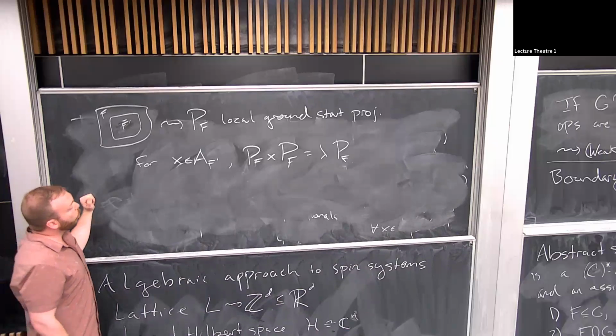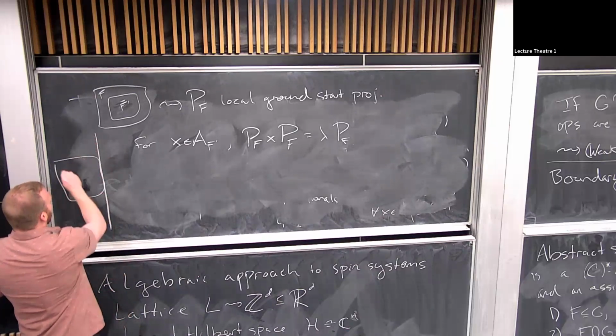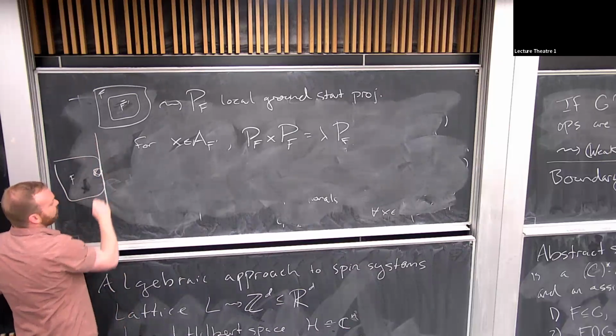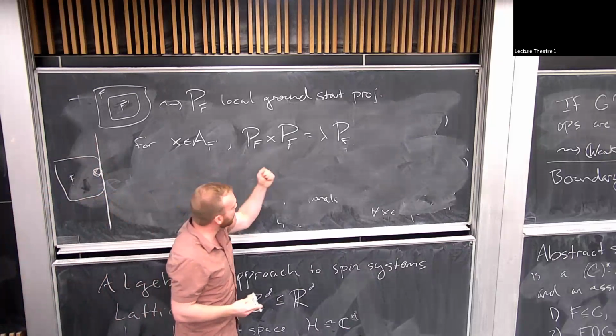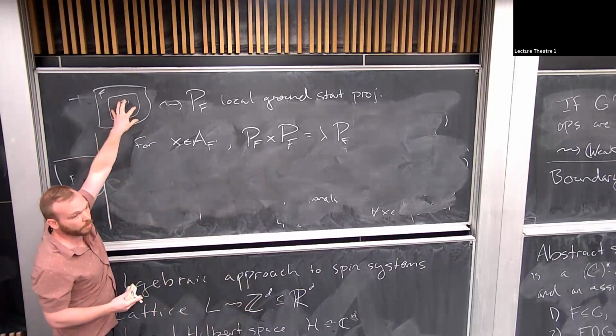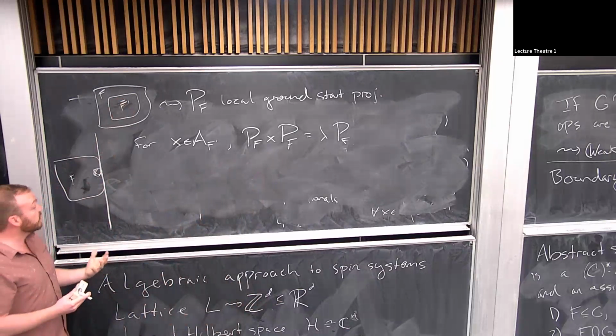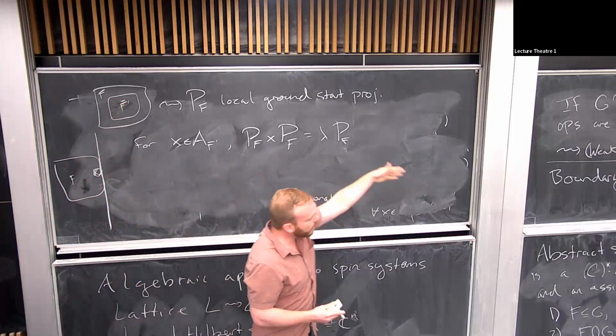Well, what if you take errors near the boundary? Suppose I have this F, and I apply some operator that's actually sitting on the boundary. I try to do the same thing, and it doesn't collapse into a scalar because I needed it to be far away from the boundary. But it does stabilize and assemble into a net of operators in one dimension lower.